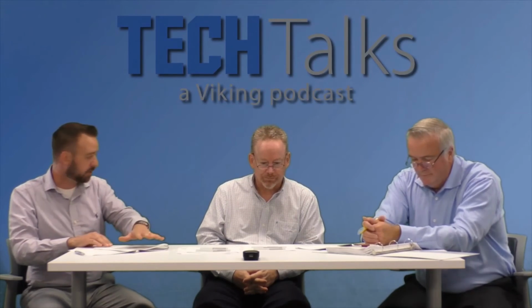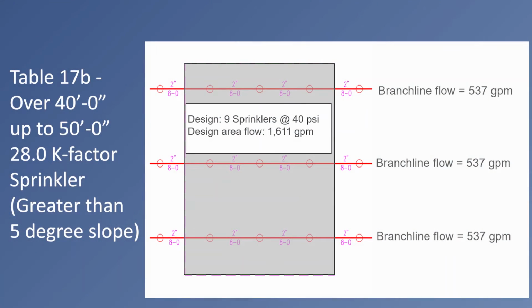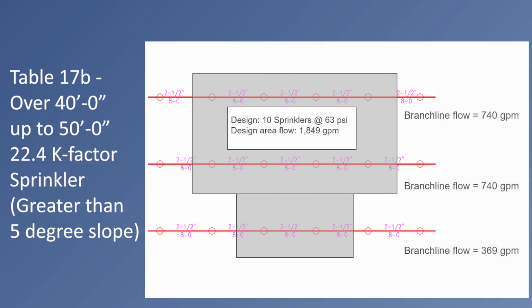Okay. So in figure 5, we just have the same example, 1611, because nothing changed for the K28. The K28 remained the same, so we still have the 1611 and 537 gallons per minute per branch line. But now when we go to figure 6 and we take a look at the 22.4, we still have our 10 sprinklers at 63 PSI, but now we have our 4x4x2 design.